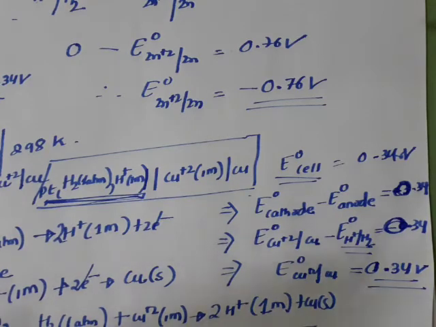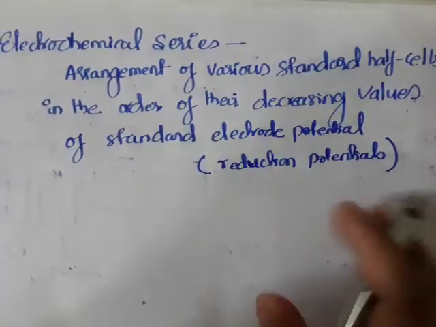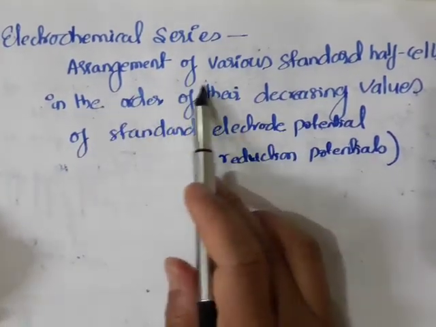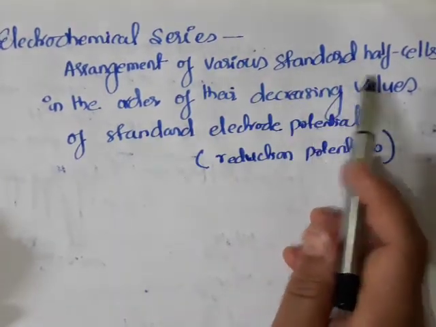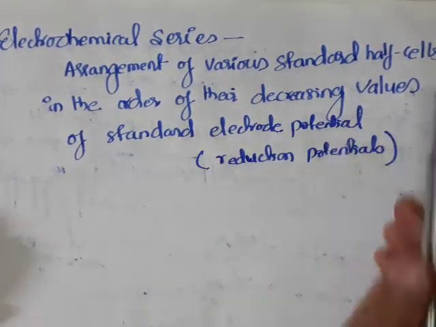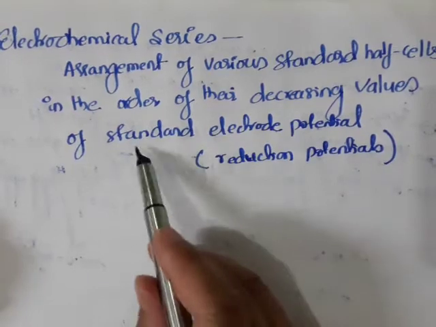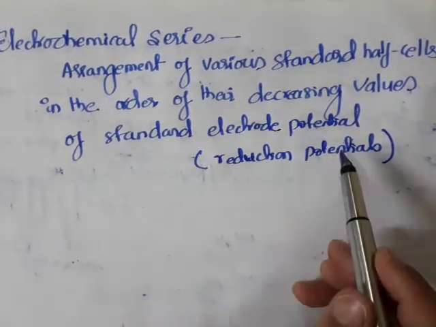Depending on these standard electrode potential values, when the electrodes are arranged in a series, we get a series called the electrochemical series. It is an arrangement of various standard half cell electrodes in order of their decreasing standard electrode potential or standard reduction potential.